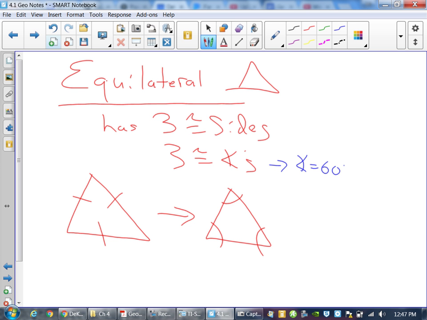If all three of them are the same, you just divide it by 3 and you get 60. So, if all three sides are the same, that means you'll have all three angles the same. And if all three angles are the same, that means you will have all three sides the same. It's equiangular and equilateral. We just normally call it equilateral. That's all. Okay.